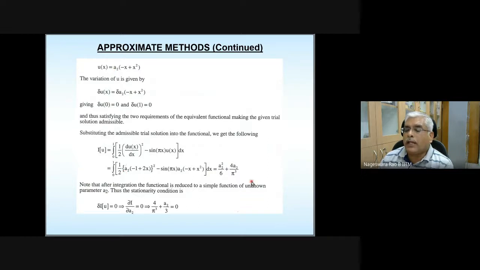So you are going to get I as a function of as many parameters as there are unknown parameters appearing in the admissible trial solution. Since the admissible trial solution has A2, I is going to be a function of A2. So variation of I is equal to 0.